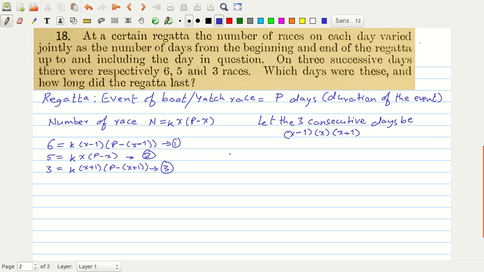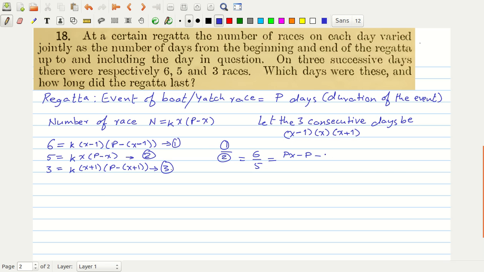Let us divide equation number 1 by 2. 1 divided by 2 will give you 6 divided by 5 is equal to, k's will cancel out each other. So you have p times (x minus 1), which can be written as px minus p minus (x minus 1) square.